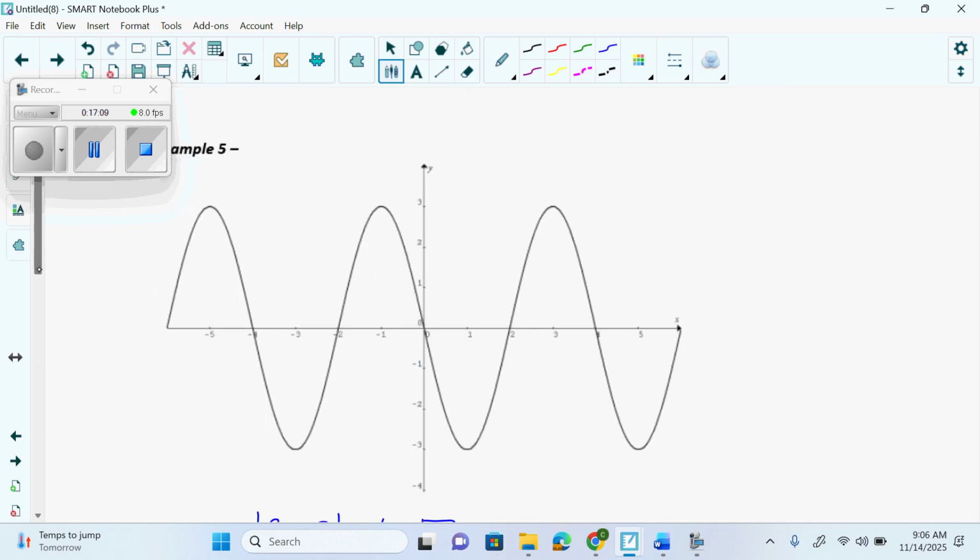So you can go from -1 to 3, which is 4. You can go from -1 to 1, which is a max to a min, which is 2, and then times by 2, which is 4. Or you could start on the y-axis, go past a min, past a max, back up to that height, and it is 4. Either way, all of those periods are 4. A max to a max, a min to a min, a max to a min times 2. Okay? The period is 4.